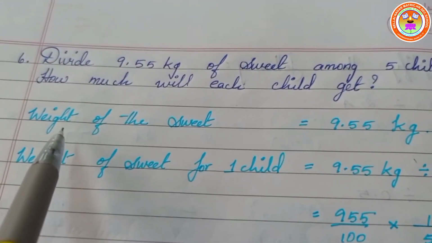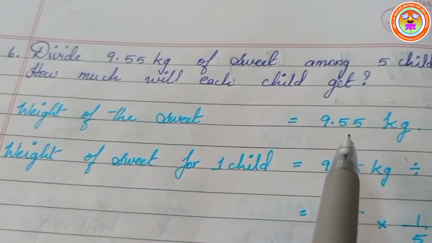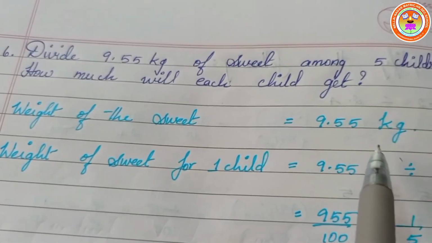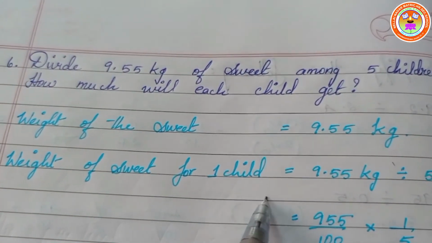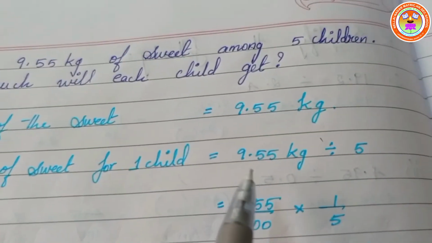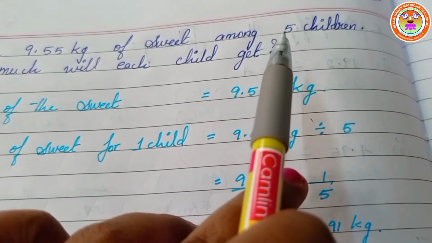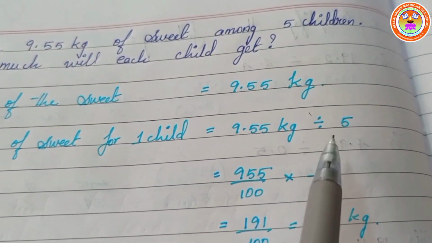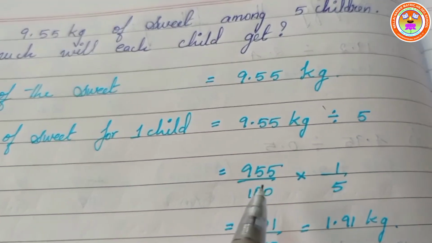So now let us move to the solution. Weight of the sweet is equal to 9.55 kilogram. Okay. Next, weight of sweet for one child is equal to 9.55 kilogram divided by how many children are there? 5.